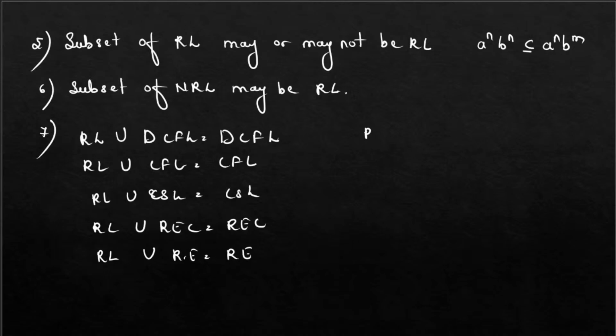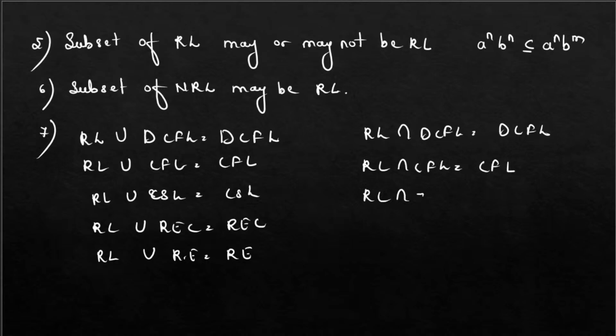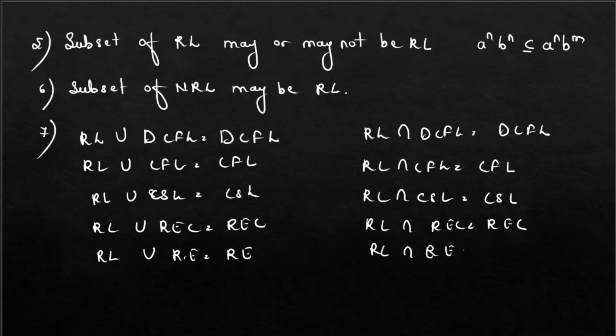RL intersection DCFL is equal to DCFL. RL intersection CFL is equal to CFL. RL intersection CSL is equal to CSL. RL intersection REC is equal to REC, and RL intersection RE is equal to RE.